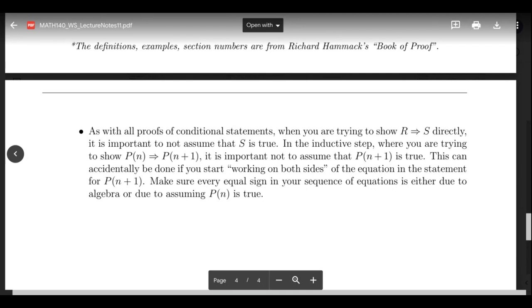The second step: assume P of k. I like to use P of k. Then prove for Q, where Q is P of k plus 1. I like to see 3 steps, all right?